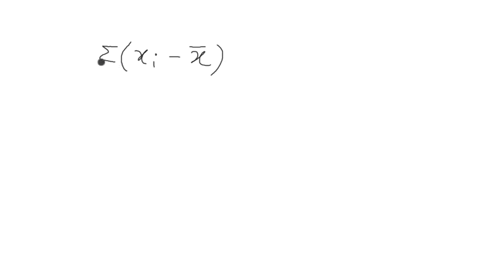So let me take the summation inside the bracket. Summation, with i varying from 1 to n, of xi minus summation, i varying from 1 to n, of x bar. First let's talk about summation of x bar. This x bar is constant with respect to summation because x bar is a fixed value and here the index i is not given.